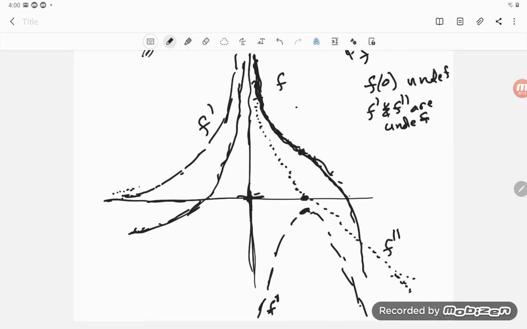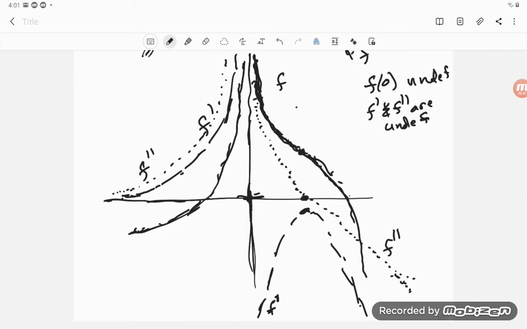But here it's much steeper, so this thing also seems to be going up. I don't know which function should be on top exactly, but this gives me an idea. Okay, so there I have a discontinuity in my original function, but I'm still able to draw my f prime and my f double prime.